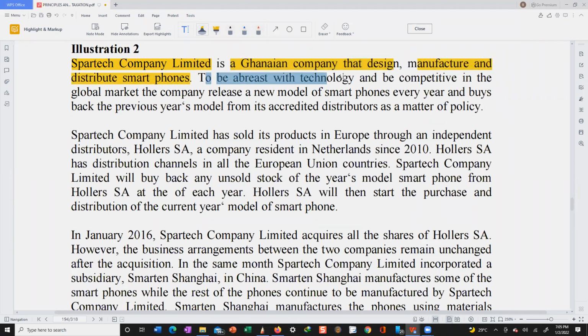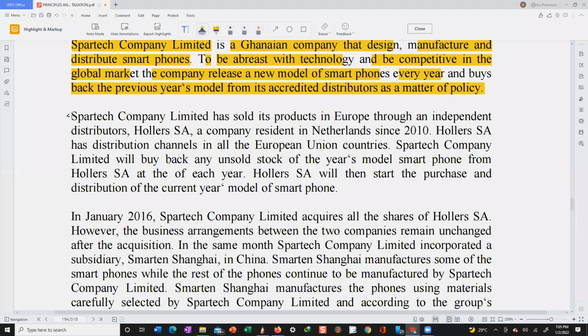To be abreast with technology and be competitive in a global market, the company releases a new model of smartphones every year and buys back the previous year's model from its accredited distributors as a matter of policy.